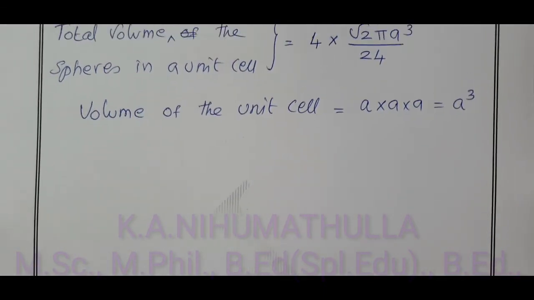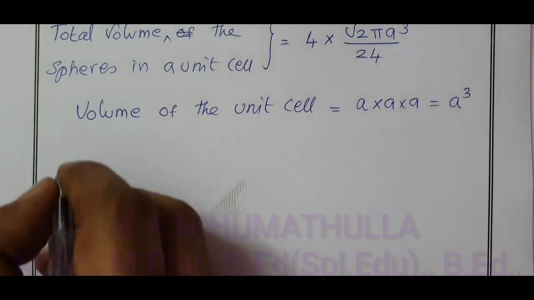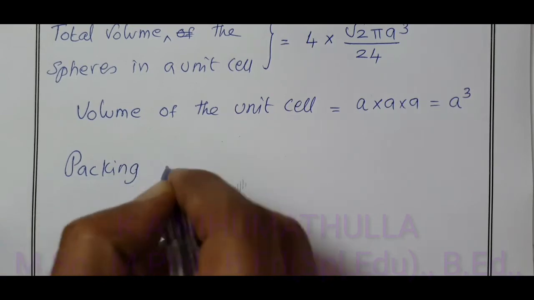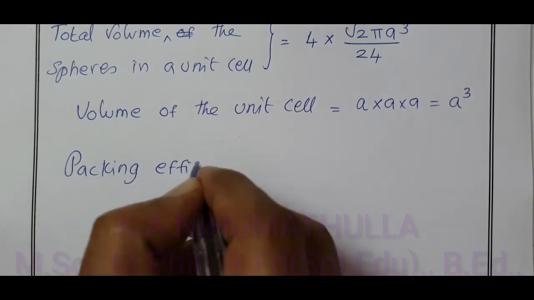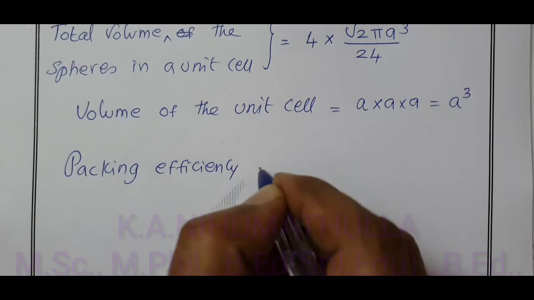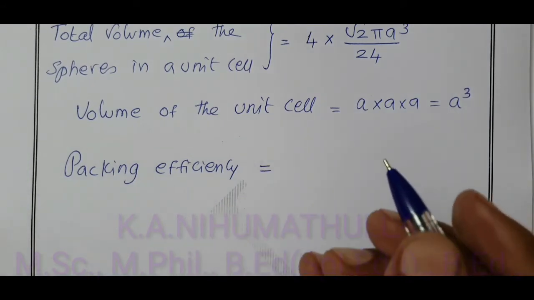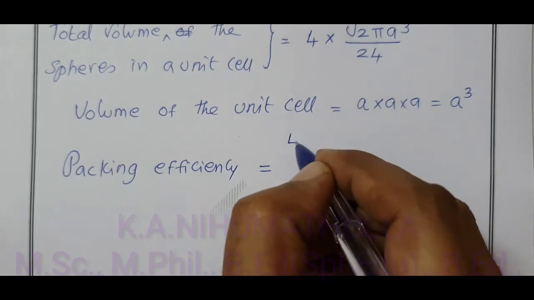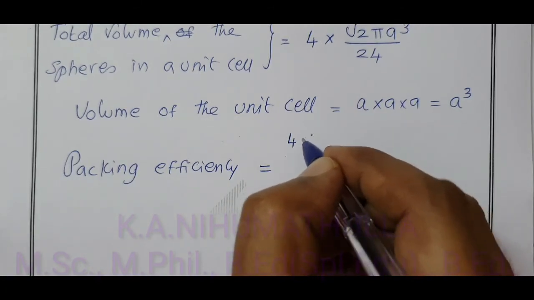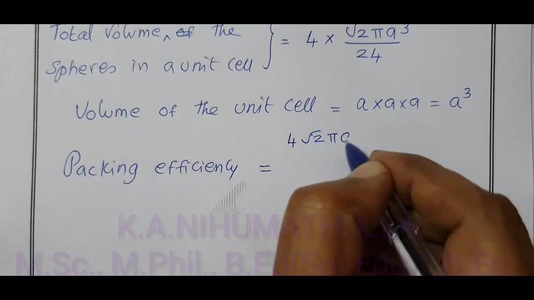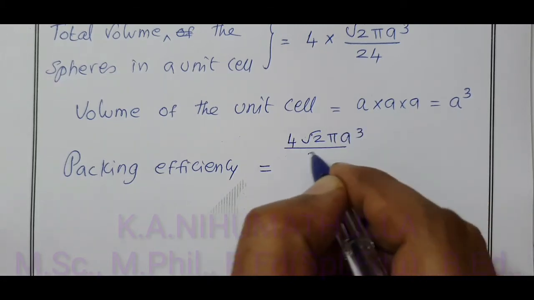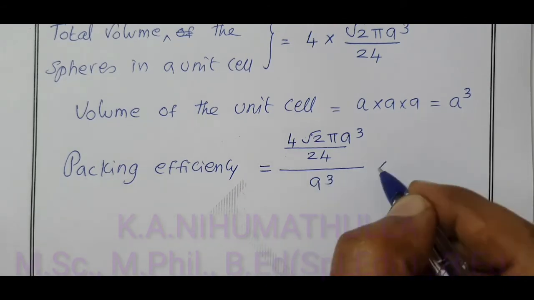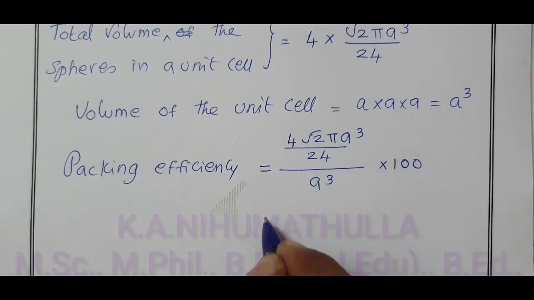Shall we substitute this value in the packing efficiency formula? Packing efficiency or packing fraction equals 4 into root 2 pi a cube by 24, whole divided by a cube, into 100.